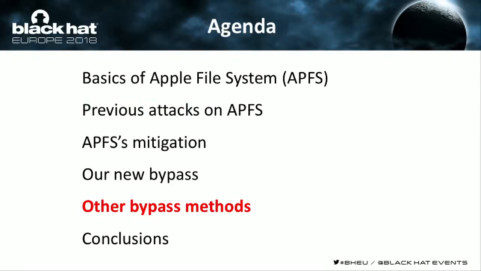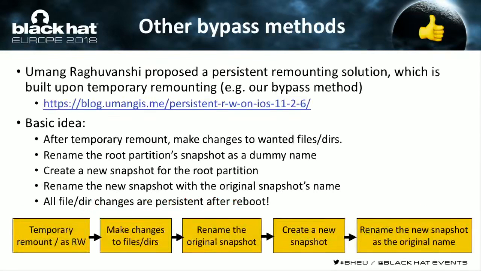Following our method, some others have proposed other kinds of bypass methods. All these methods are very brilliant. Umang has proposed a persistent remounting solution, which is built on a temporary remounting solution like our method. His method makes changes to wanted files and directories after a temporary remount, as we have done.